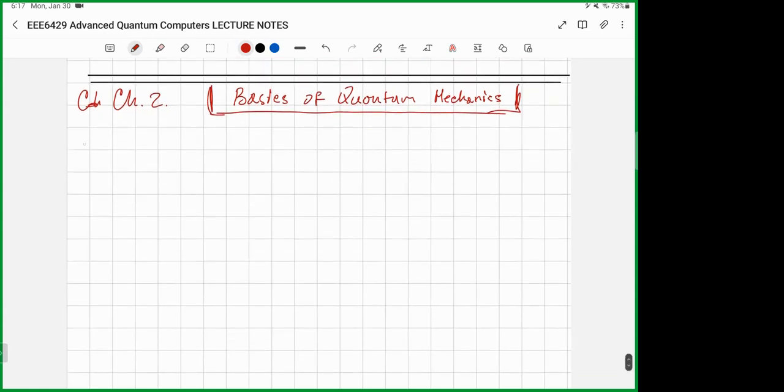And the first subchapter, chapter 2.1, let's call this the postulates of quantum mechanics.